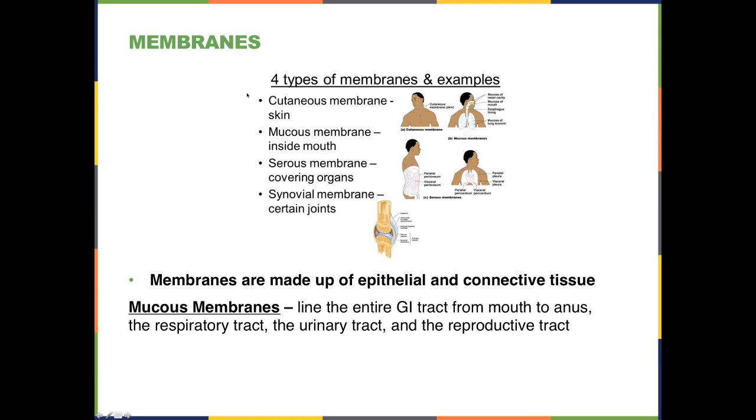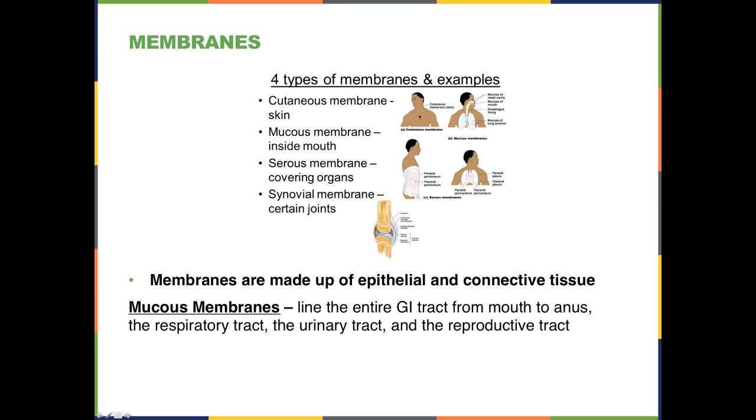As I said, the cutaneous membrane is the skin, and it covers the whole body and protects the body from the outside world. The mucous membrane covers the entire GI tract from mouth to anus, the respiratory tract from mouth to the end of the lungs, which is called the alveolus, the urinary tract from kidney all the way to the outside, and the reproductive tract in both males and females.